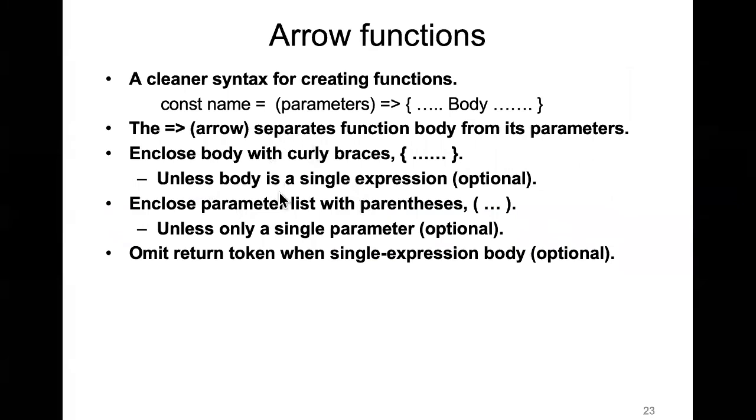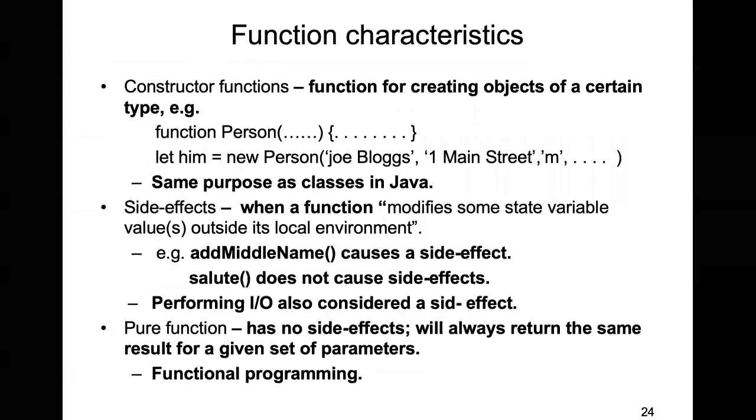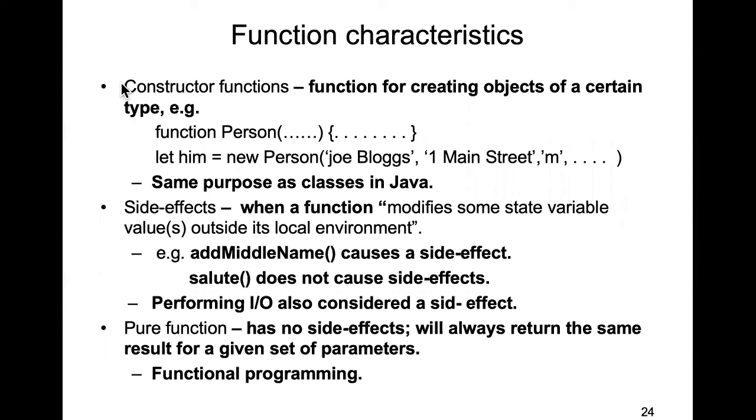So that's just in text form there, what I've been saying about arrow functions and the shorthand form of it. Now, I'm just mentioning here something called constructor functions. To backtrack, the original JavaScript does not support classes.